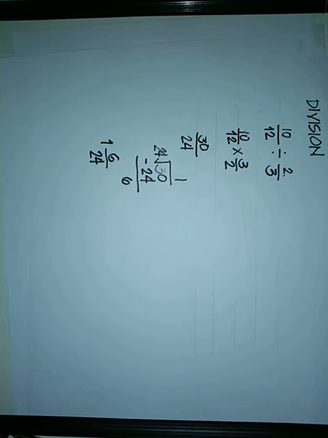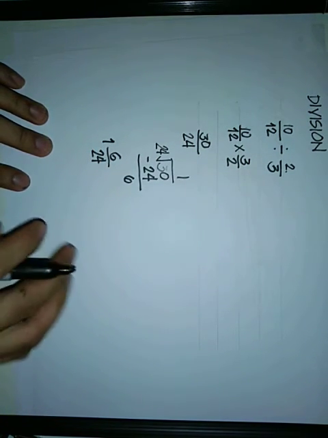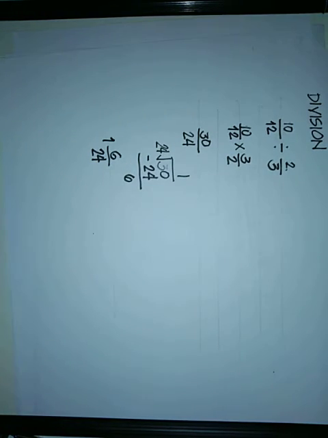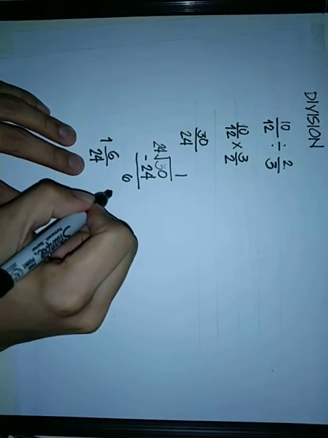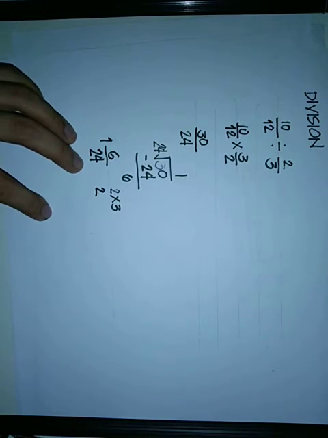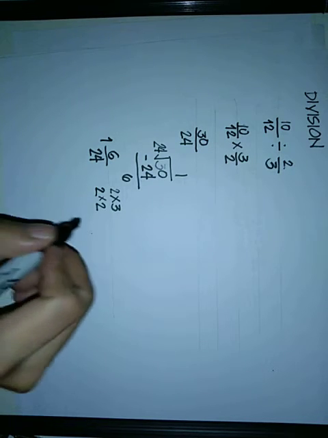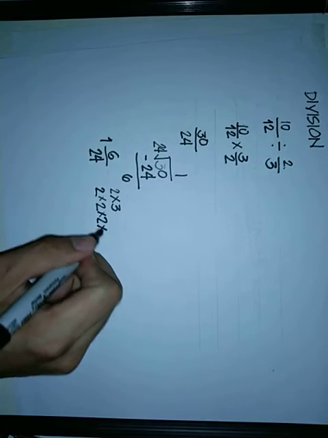Pero, yan. Di pa tapos. Kasi pwede pa natin masimplify yung 6 over 24 by co-writing its factors. So, ano nga ba yung factors ng dalawa nating numbers na 6 and 24? So, ang multiples ng 6, that is 2 times 3. For 24, we have 2 times 2 times 2 and times 3.